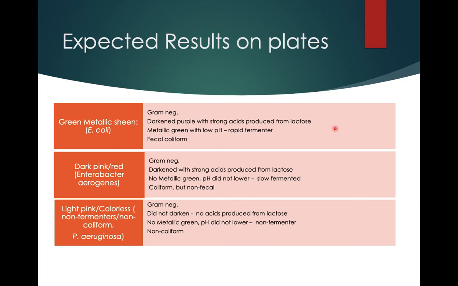These are non-coliforms. Though in some instances, we have lactose fermenters that initially appear pink. So if in your first observation you say it is not a coliform, eventually it may become dark pink or dark red. So time is also a factor in observing your expected results.